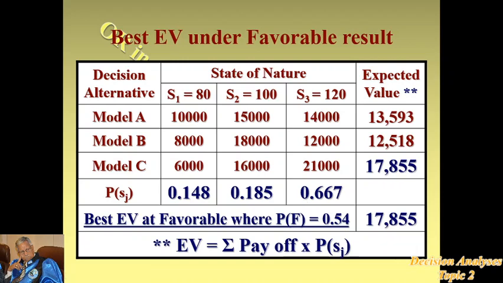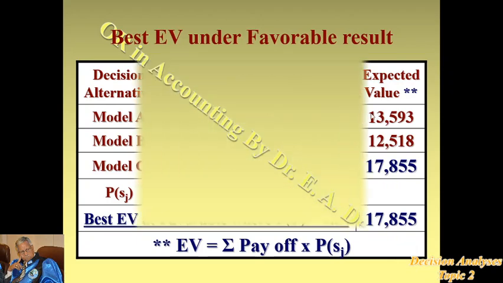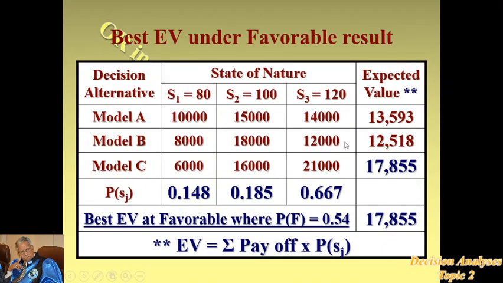Multiplying 10,000 times 0.148 plus 15,000 times 0.185 plus 14,000 times 0.667 gives the expected value of model A. Then the expected value of model B, and the expected value of model C. Which is the largest?